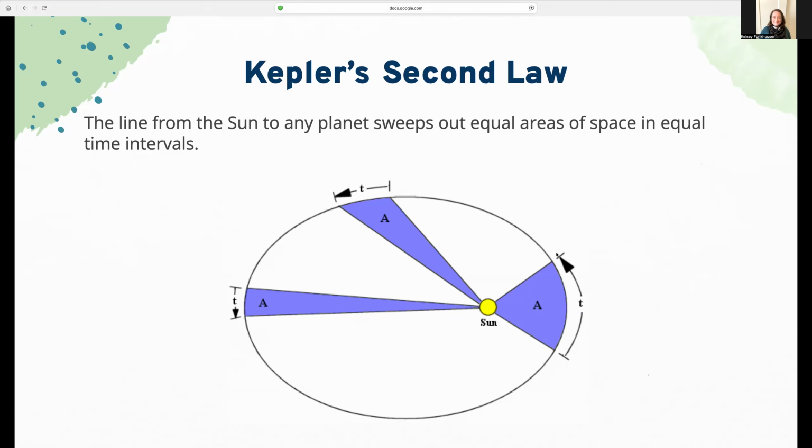So it's saying the planet moves really fast when it's close to the sun, but really slow when it's far away. And geometrically speaking, these areas are the same size, obviously not the same shape, but the same size. But the more important thing is just that the planet moves faster when it's closer to the sun and slower when it's further away.